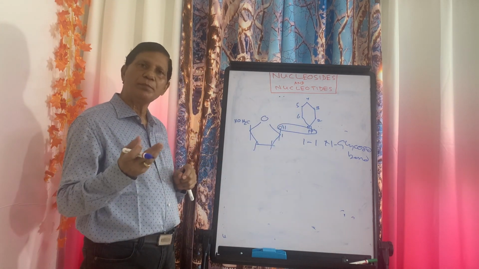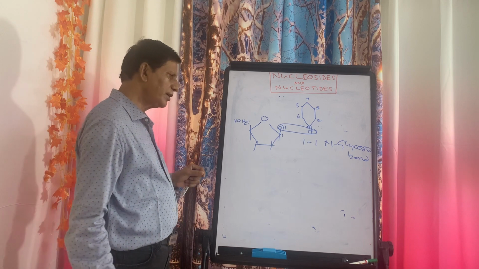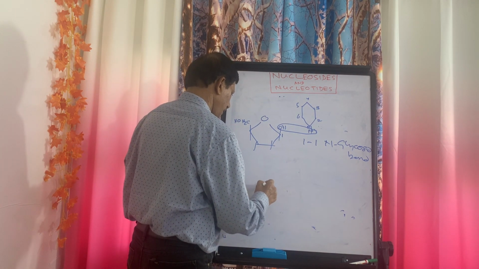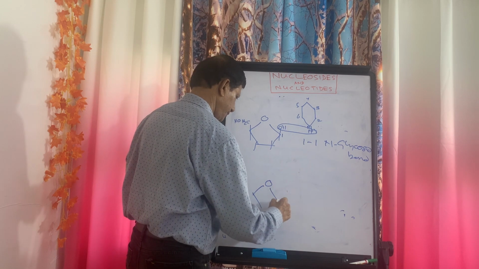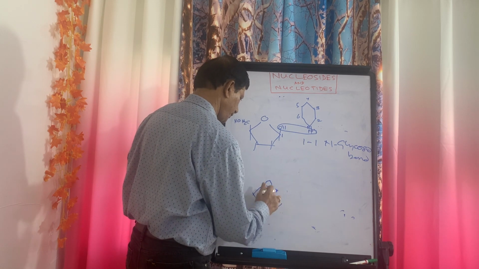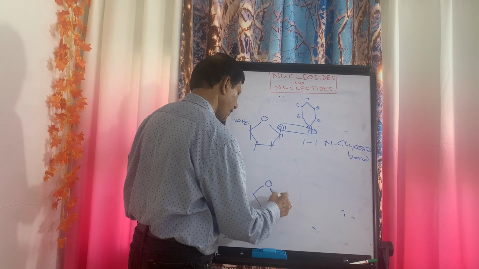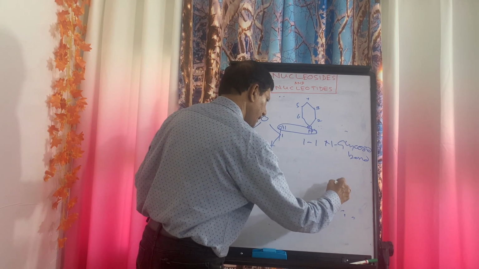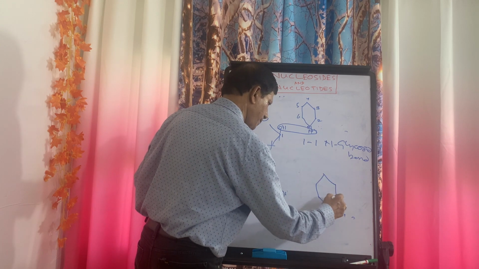But if it is a purine, which is a double ring structure, in that case this is the sugar, and this is the OH group. In this case, it is a double ring structure.